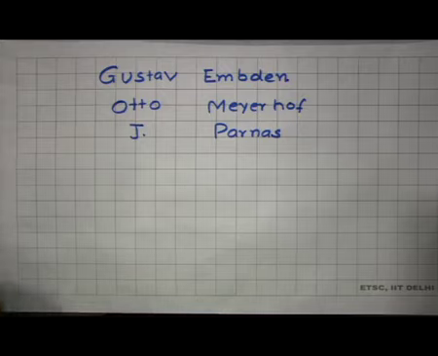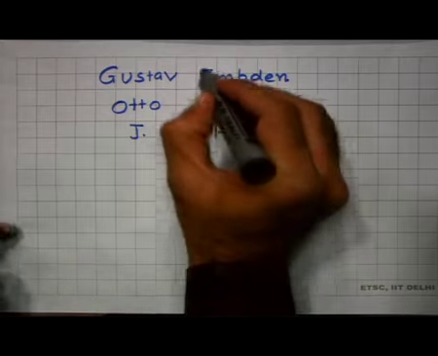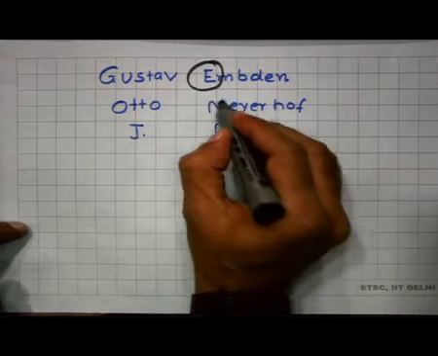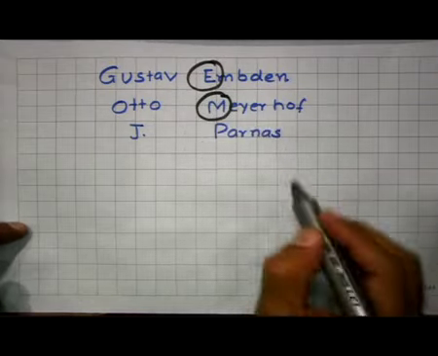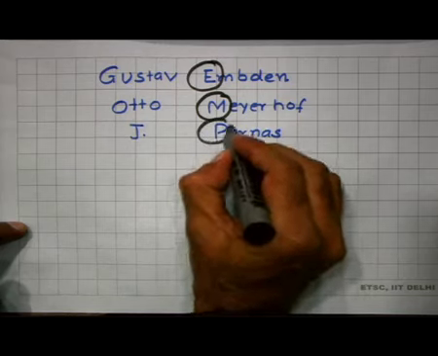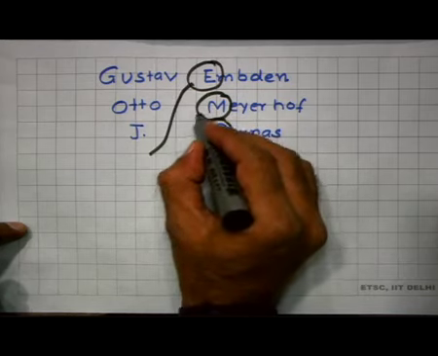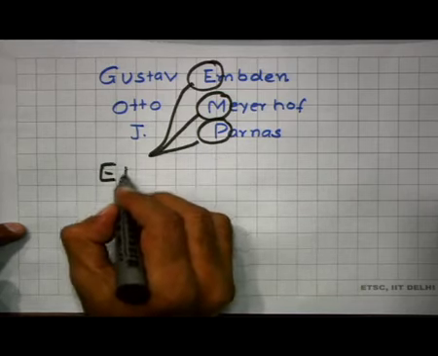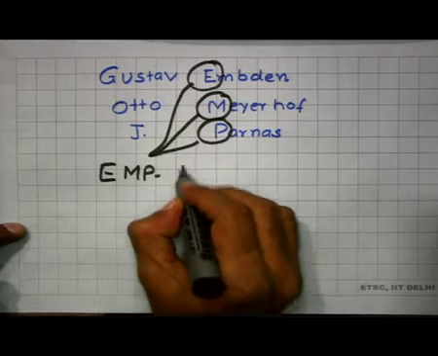As per the names of the 3 scientists, E from Embden, M from Meyerhof, P from Parnas. So, the glycolytic pathway is also known as the EMP pathway.